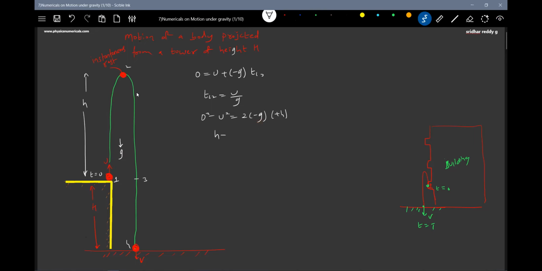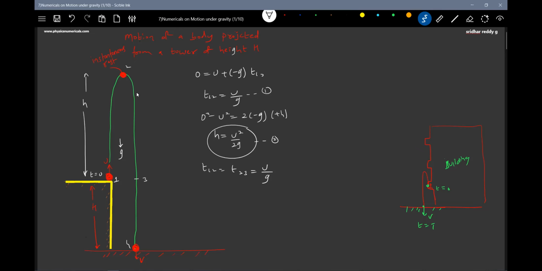So therefore, finally, h equals u squared by 2g, the height ascended by the ball above the tower. Then time t3: we already know the time of ascent should be equal to the time of descent. We had this already in the previous class.